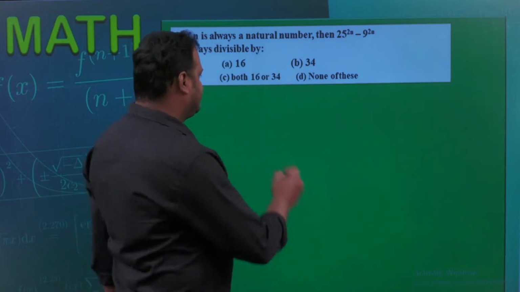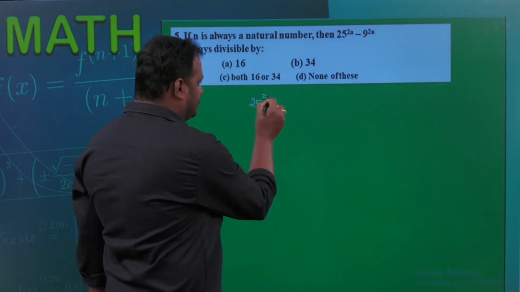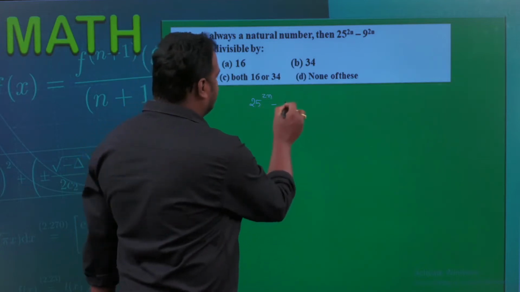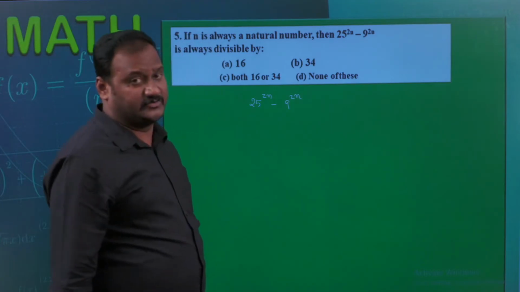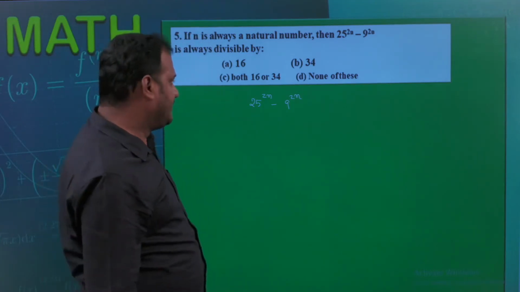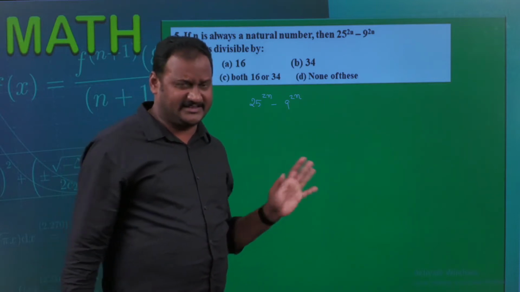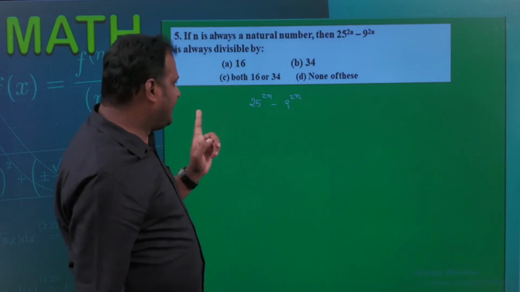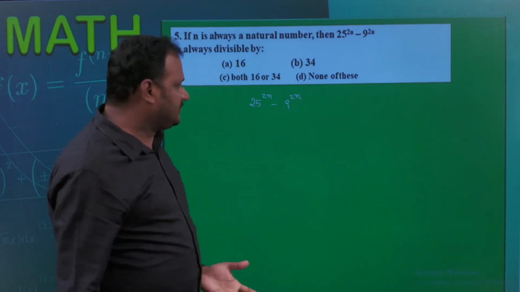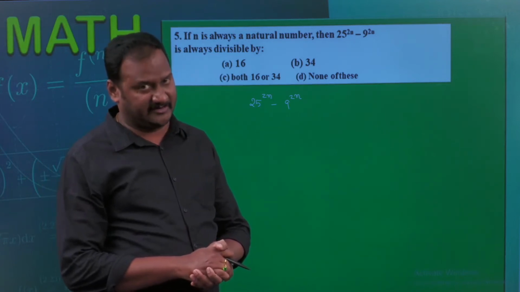Let me write the given number here: 25 to the power of 2n minus 9 to the power of 2n. Will you be able to simplify it more? Just see if it is possible. And if you simplify it more, then it will be in which form?